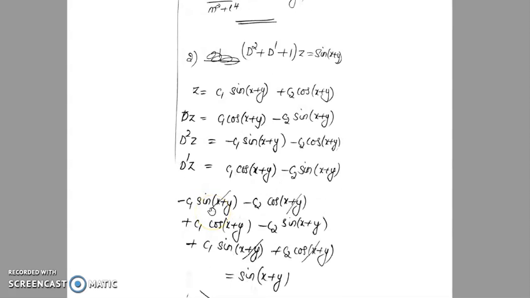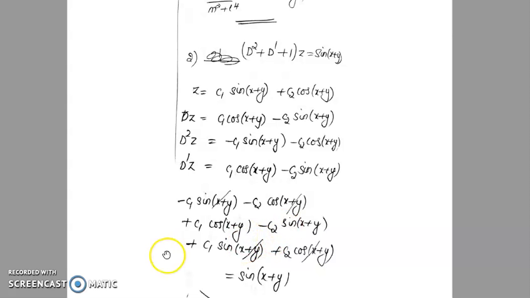So now we have got all the derivatives. On substituting the derivatives we will get minus c1 sin(x plus y) minus c2 cos(x plus y) plus c1 cos(x plus y) minus c2 sin(x plus y) plus c1 sin(x plus y) plus c2 cos(x plus y), and on the right hand side you have sin(x plus y).